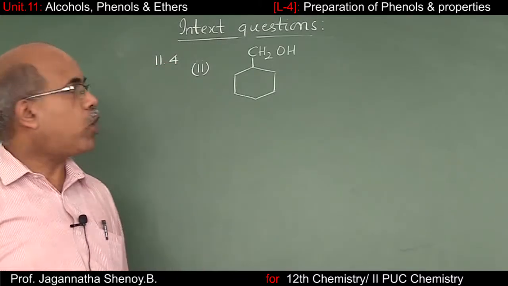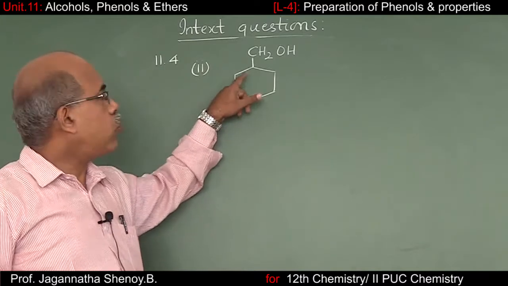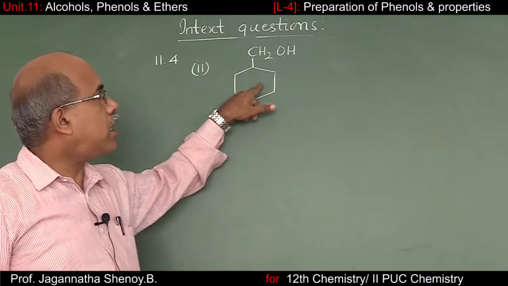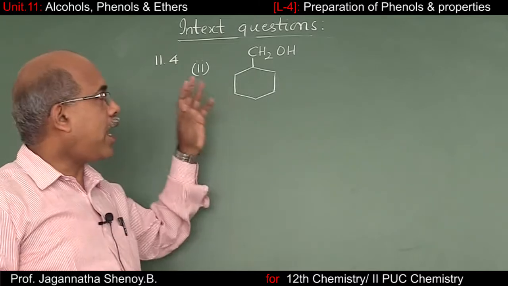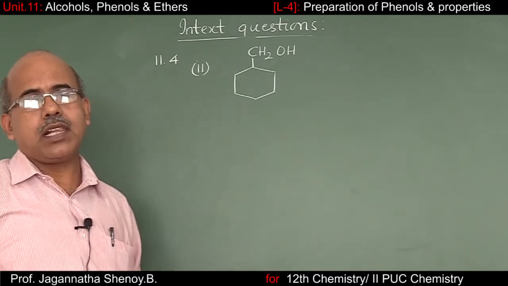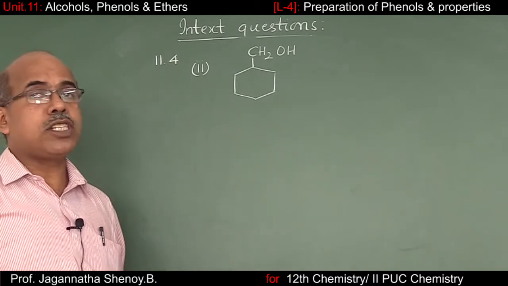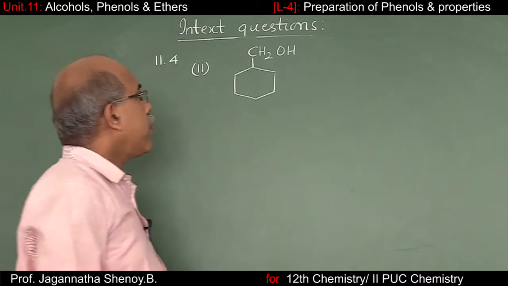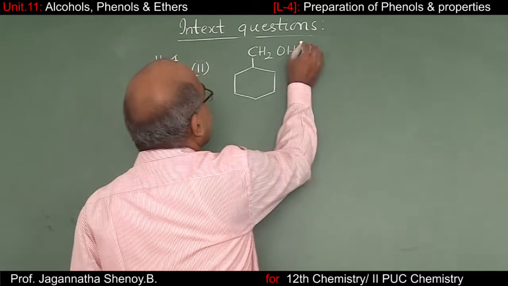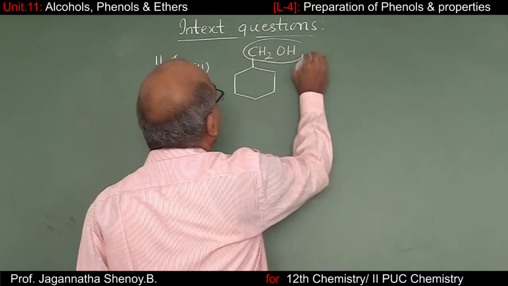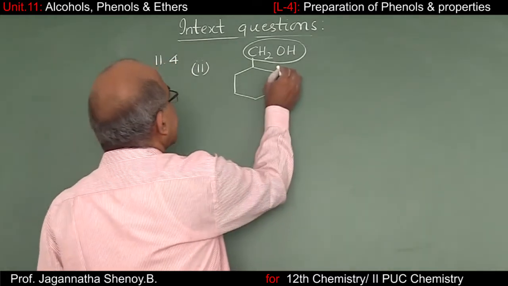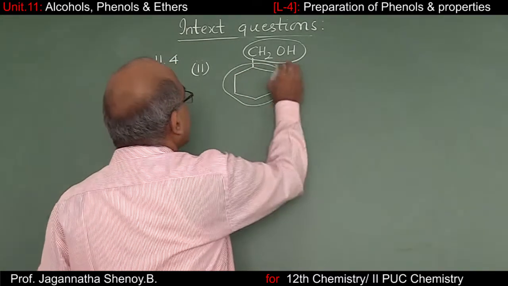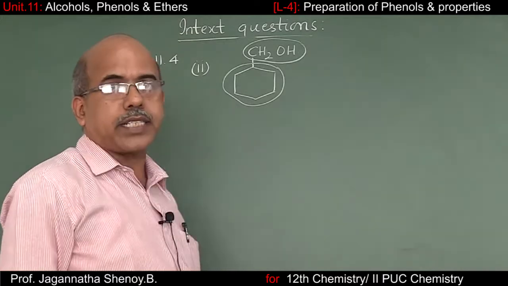The second target molecule is this. You have a cyclohexyl group here. This is a methanol part. So again, I have to start from formaldehyde and I have to make use of a suitable Grignard reagent. And as I told you, the CH2OH group comes from the formaldehyde part. Naturally, this cyclohexyl group should come from the Grignard reagent.